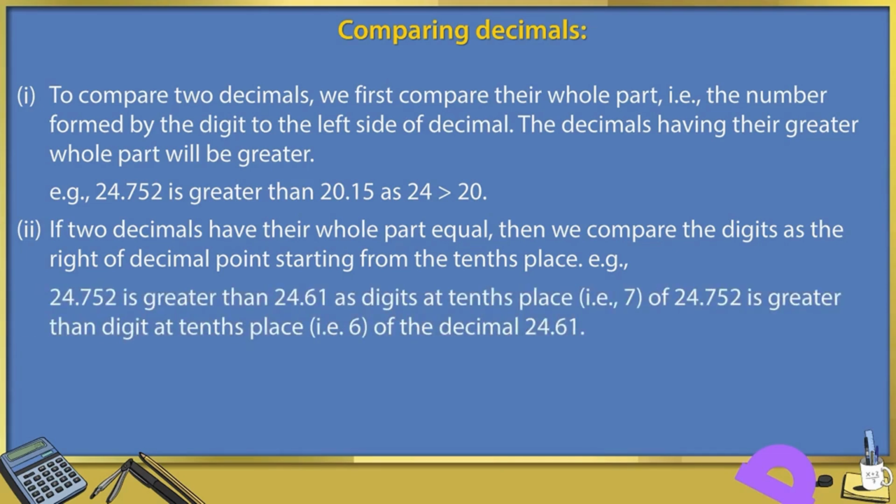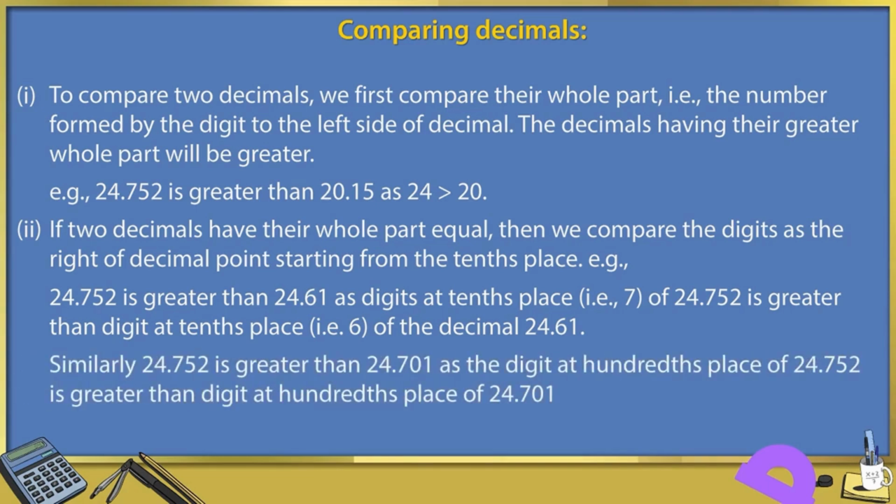Example: 24.752 is greater than 24.61, as digits at 10th place, that is 7, of 24.752 is greater than digit at 10th place, that is 6, of the decimal 24.61.